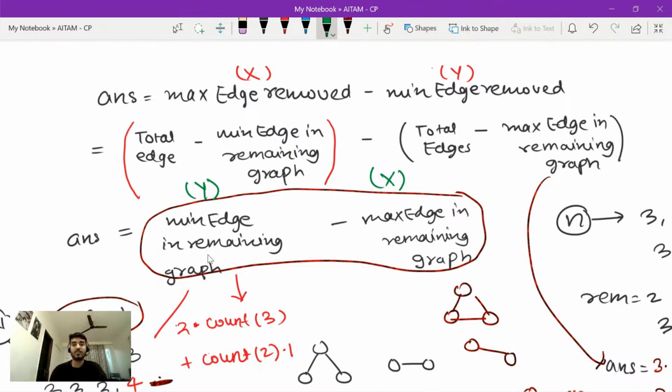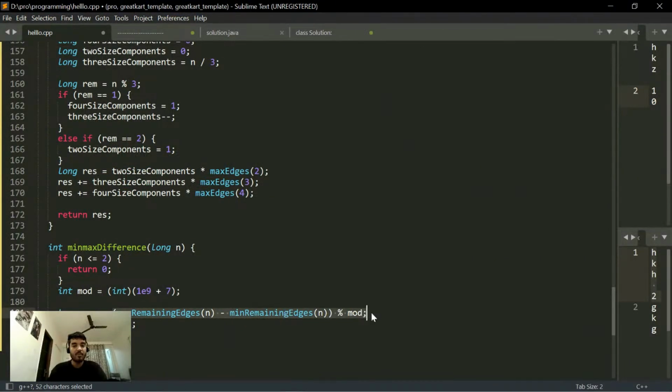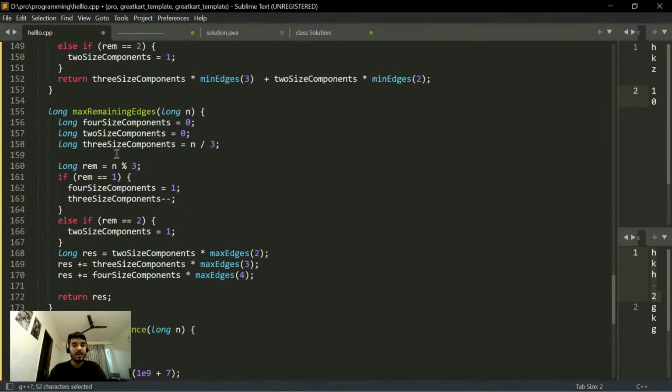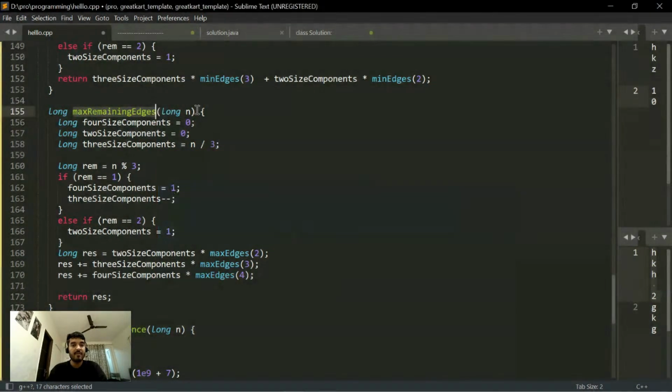Because here this minus 1 will get converted to a plus when I open the bracket, this is nothing but y minus x, and again take a mod with this one. So here I have the function maximum remaining edges, the maximum number of edges that we have in the remaining graph. For the four-size component, I have initialized it with 0, then the two-size component with 0, and the three-size component is simply n by 3, and the remainder is n mod 3. If the remainder is 1, then I know I need to find the maximum, right?